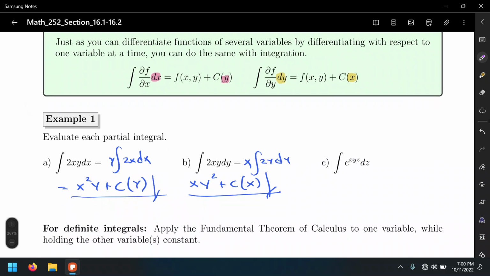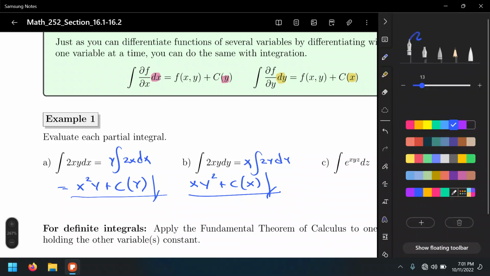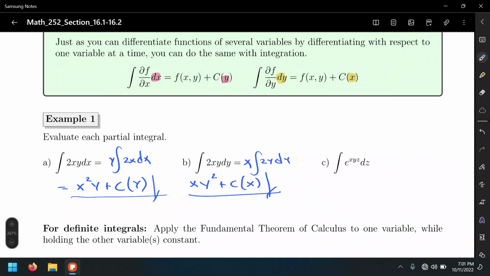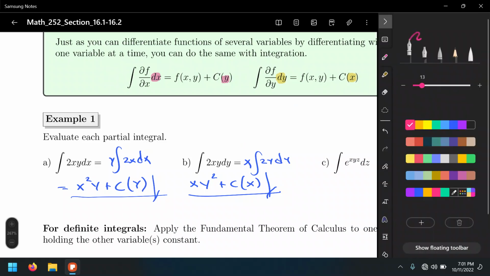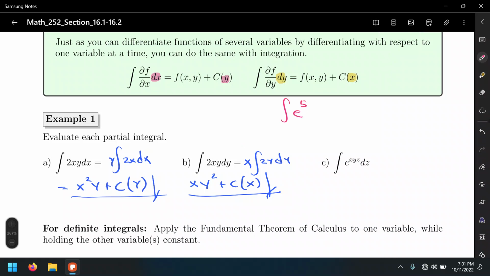Now, what if we had 3 variables in this case? Well, it's still the same thing. Let me do something on the side. The integral of e to the 5x is itself, e to the 5x, but in this case times 1/5, times 1 over the constant. In this case, we are integrating with respect to z. Everything else, in this case x and y, will be constants.